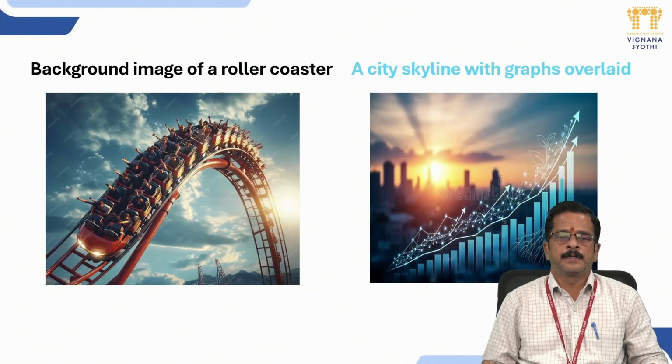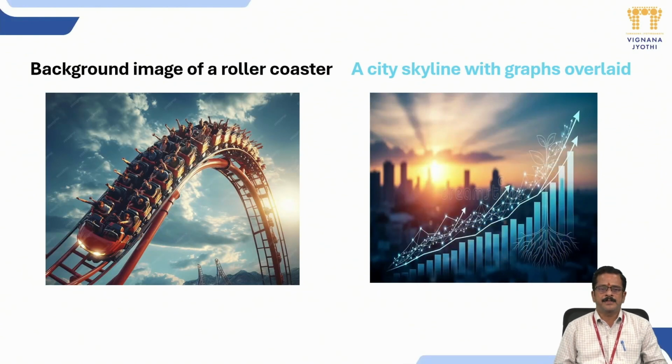Okay, so these are the AI images which give the applications of derivatives behind these images. The first image is about a roller coaster, which works on curves and slopes.